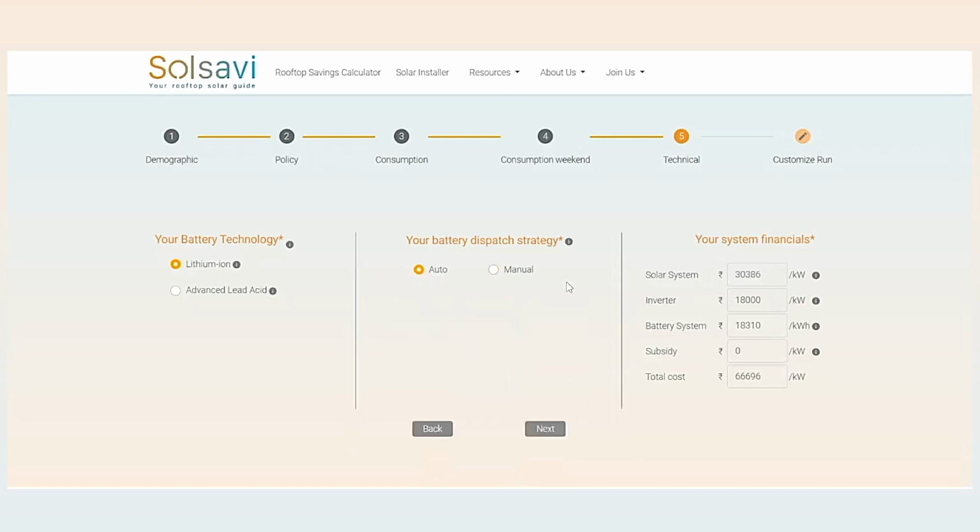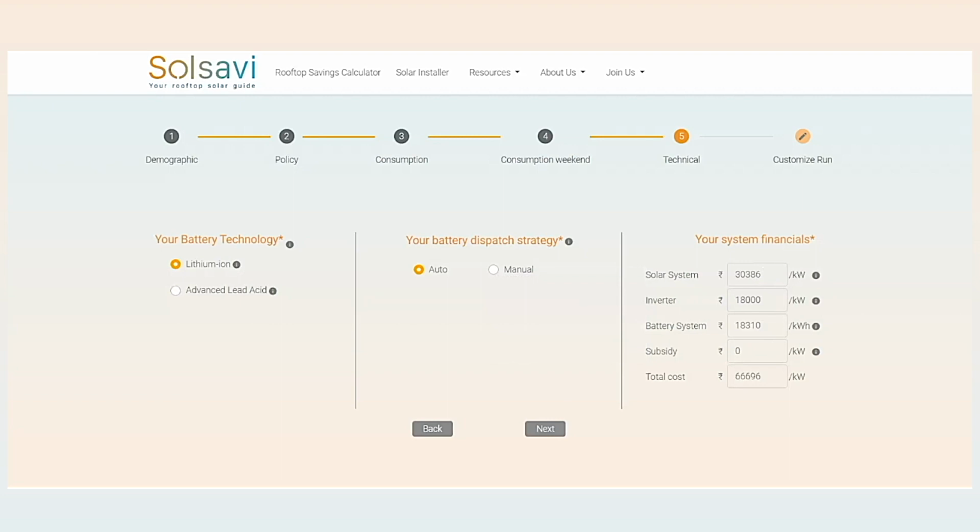Taking auto as my dispatch strategy, where I charge between 10 a.m. to 4 p.m. and I discharge from 6 p.m. to 10 p.m., I proceed to define my system financials. The system financials are taken from benchmark costs that are provided by MNRE, and we have taken consideration of hybrid inverter in the case that battery has been selected, with battery system cost taken from research.